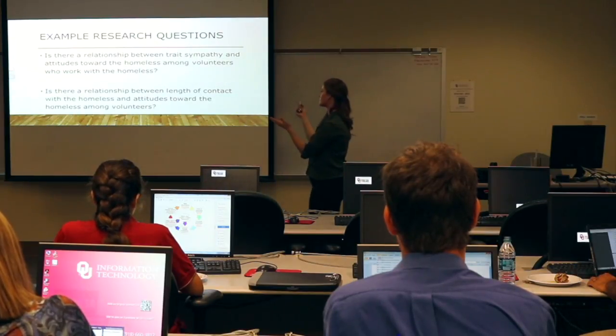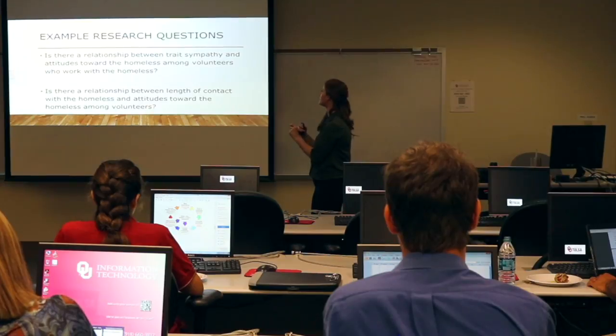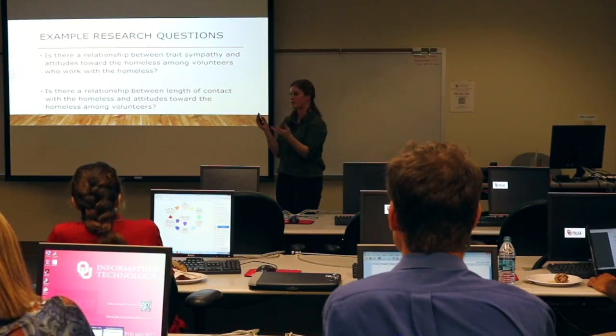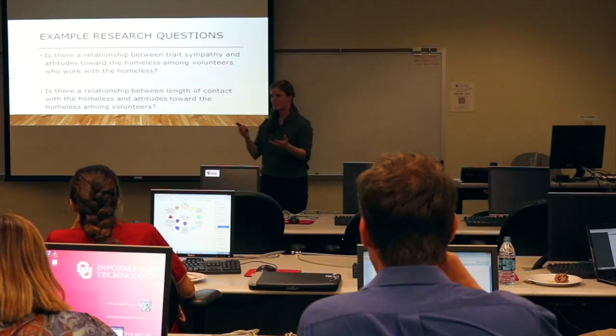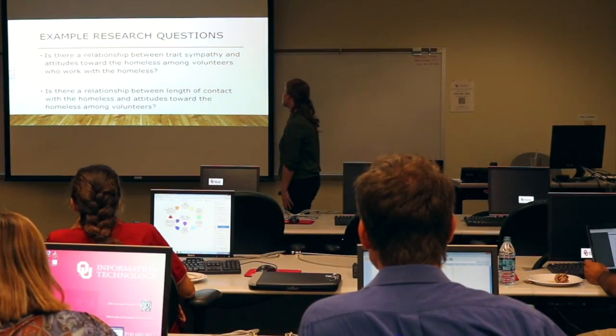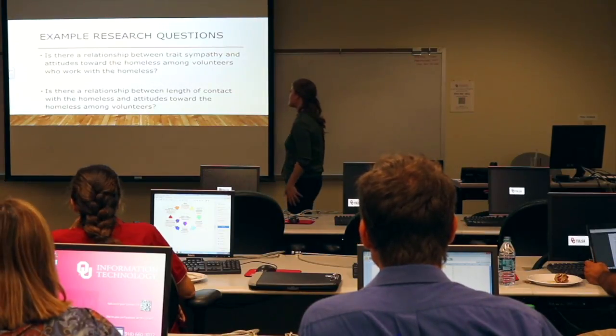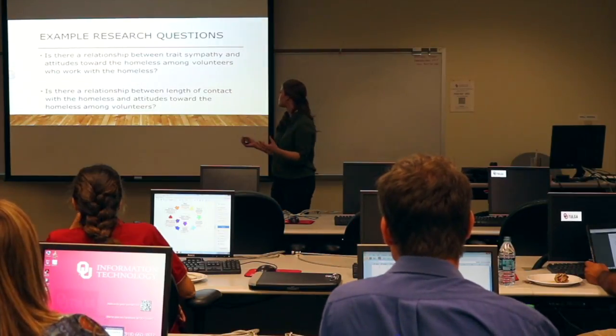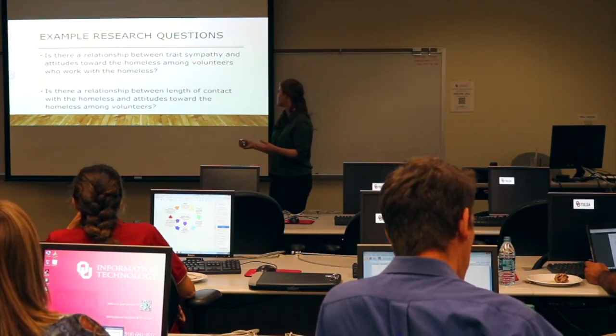So for this first bullet point, can anyone identify what they think we might be trying to study? Sympathy. Yeah, so we're interested in sympathy, thank you. We're interested in the relationship between sympathy and attitudes. So those are the constructs that we're working with.